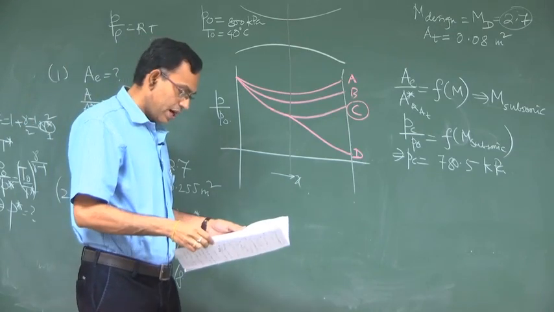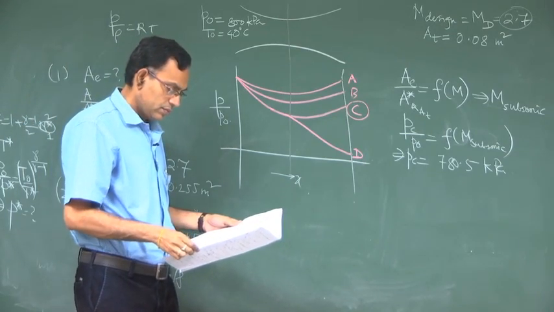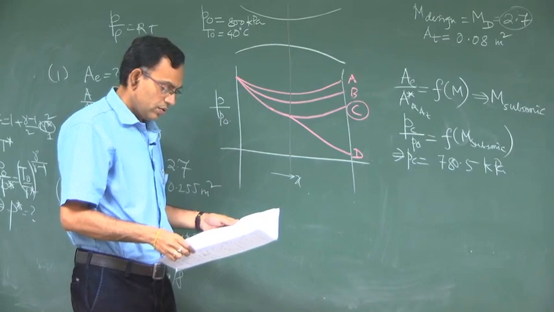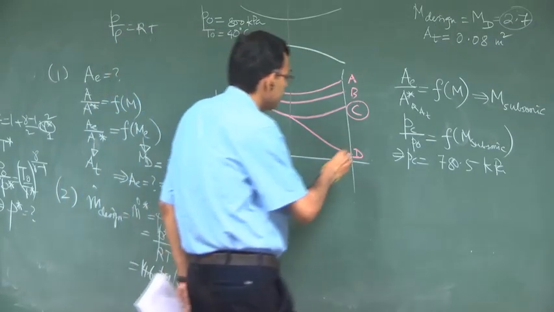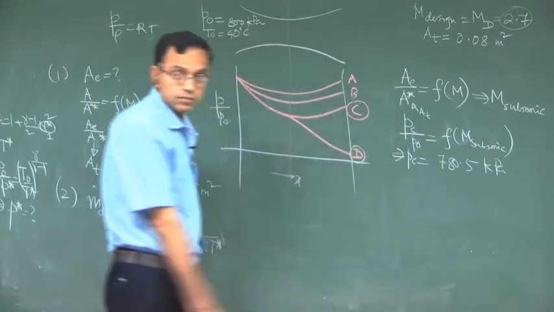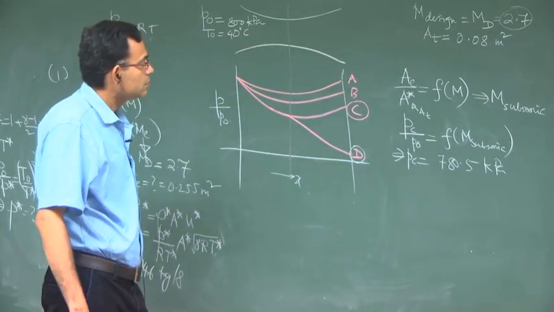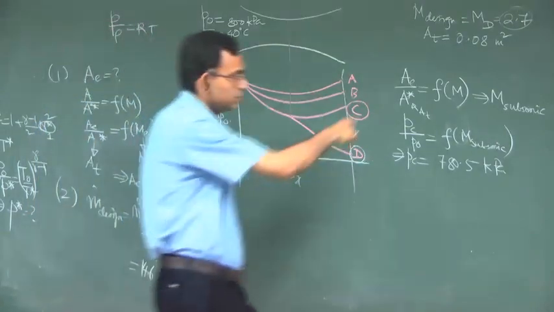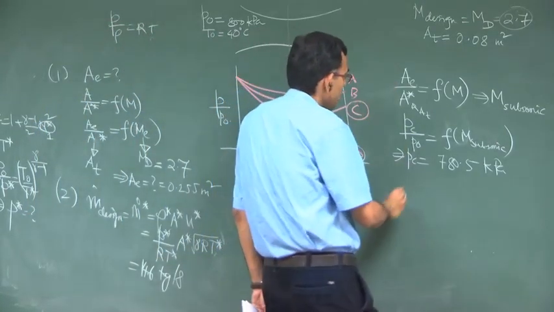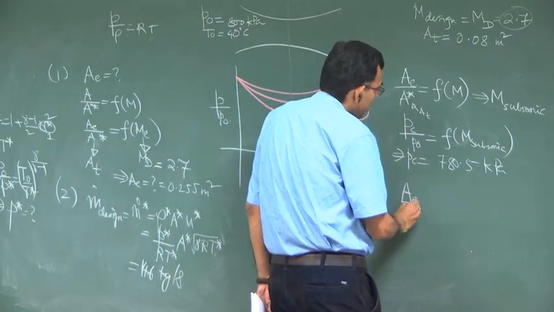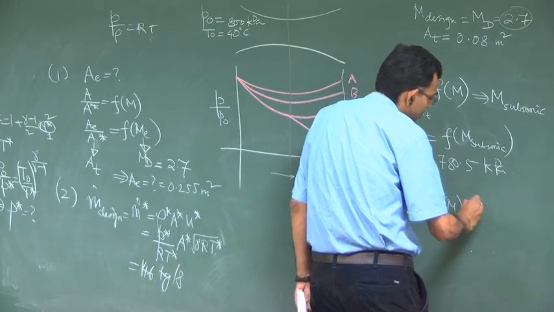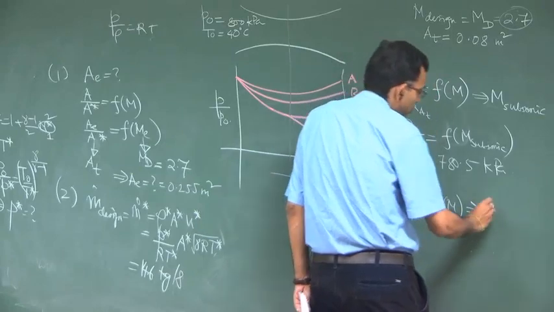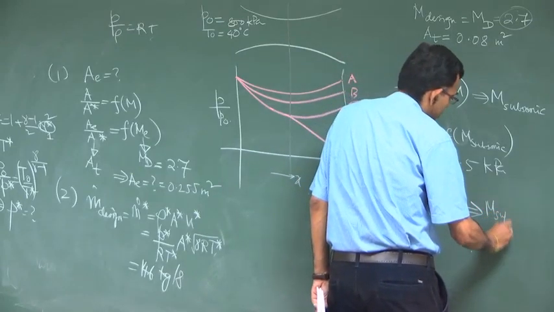So, the next part of the question, what is the design back pressure? That means what is PD? Same philosophy, AE by A star is a function of M. From here now you know what is M supersonic.